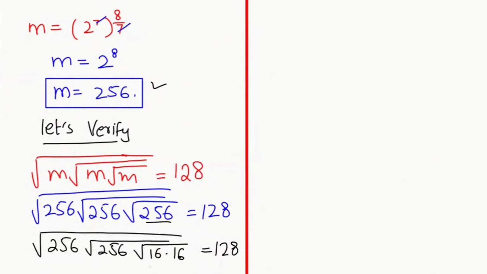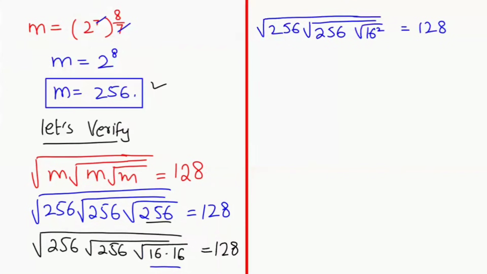Now we are going to express this in the form of power. So I write here 256 root of 256, and this I write as 16 to the power of 2, is equal to 128. Now this and this get cancelled.